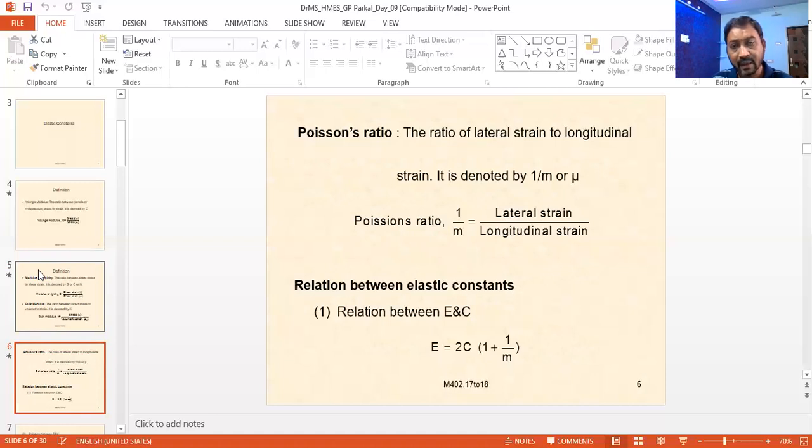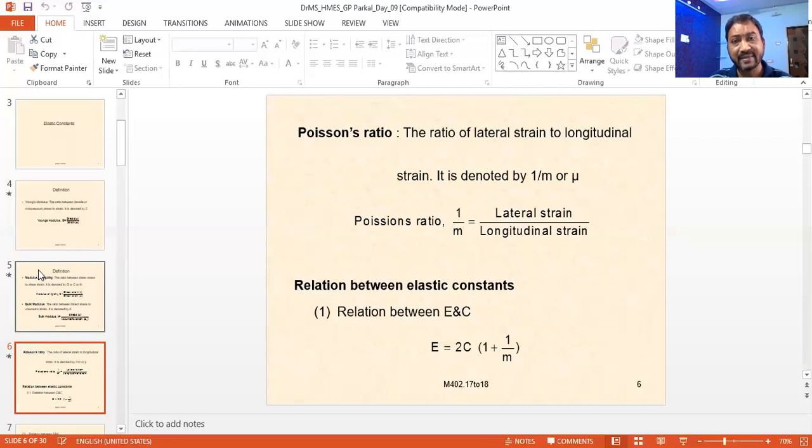Whereas the force also produces some changes in the width and thickness. Here the width and thickness are perpendicular to the force direction, because the force is applied along the length, and the width and thickness are perpendicular to the length.